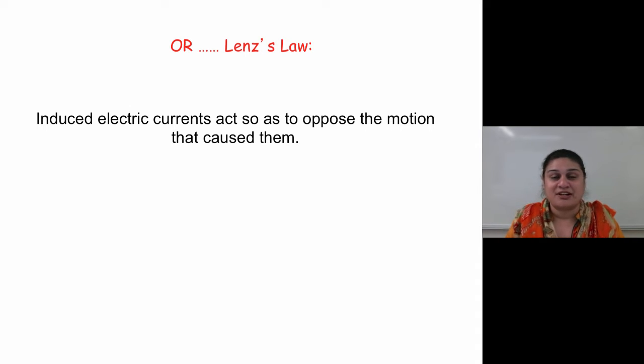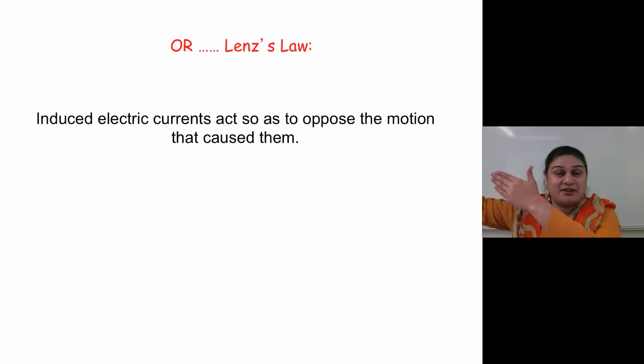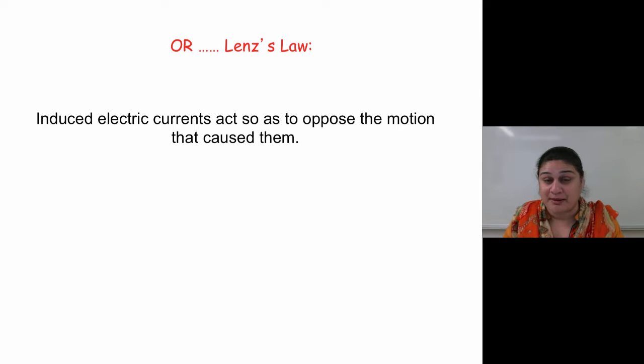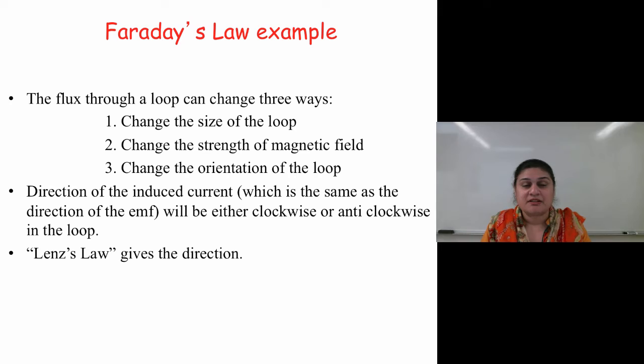The induced electric currents, if they were in the same direction as the motion that caused them, the motion would get bigger and bigger as time goes by. But that's actually not what happens. So Lenz's law says that induced electric currents act such that they oppose the motion that caused them in the first place.